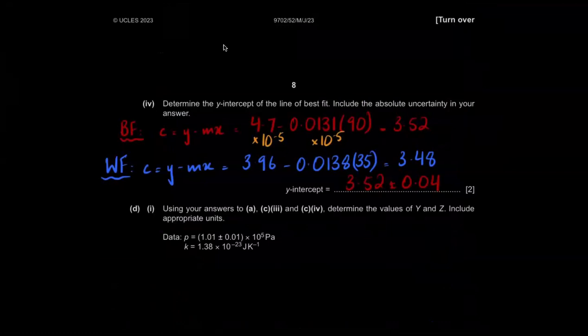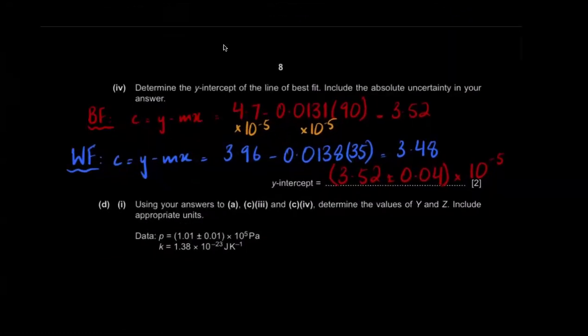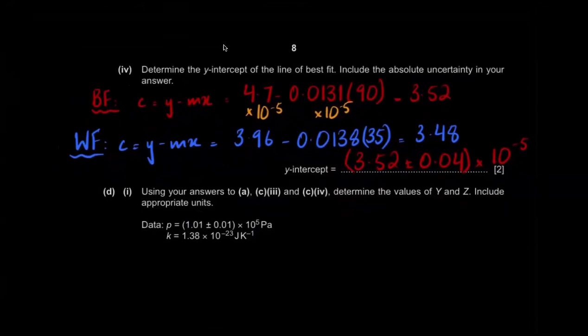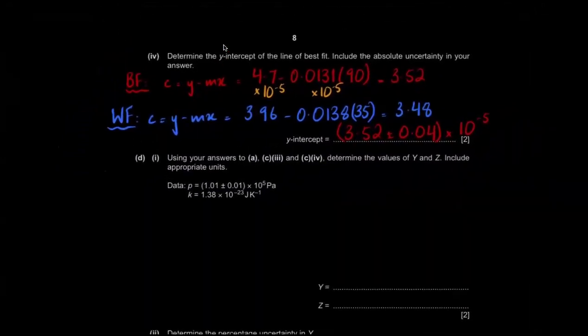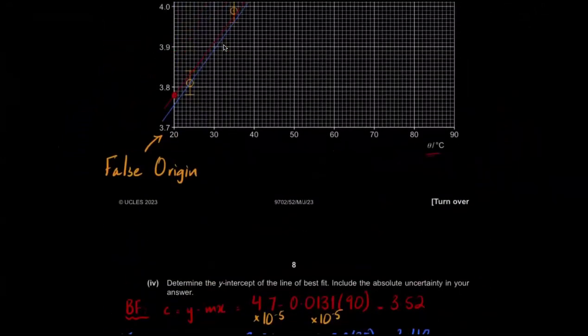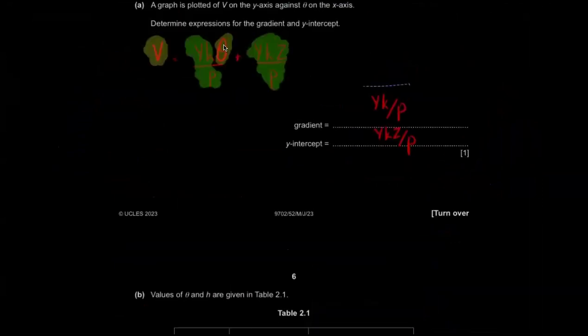Right, so this is also 3.52 into 10 to the negative 5. It's the same thing, so don't forget this here either, right? This is important stuff to keep in mind, otherwise all of your answers get messed up. So now you need to use the gradient and the y-intercept expressions to, again, go ahead with this. Let's take a screenshot of what we just wrote down here.